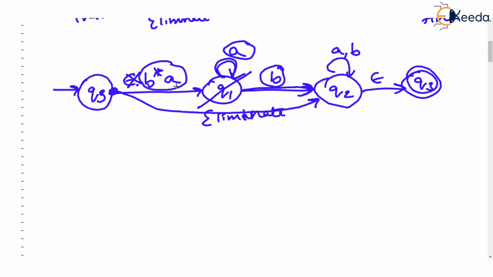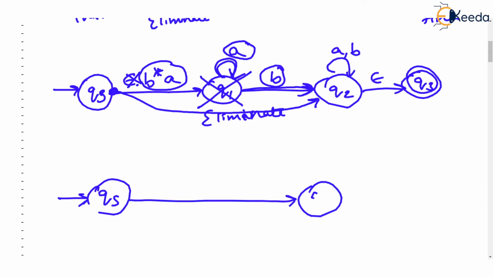So if you think of eliminating Q1 as we are doing here, what we will get up to Q2 is B star A, this component, followed by A star, this component, A star followed by B. Isn't it so?